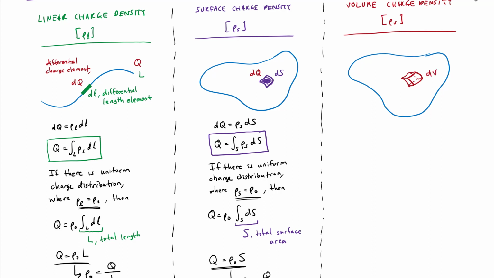And from our previous knowledge, we know this is dV, and we also know that because this object has charge, there's going to be a dq associated with a differential volume element. So this means dq is going to be equal to the volume charge density times dV, and Q, the total charge, is equal to the integral of rho v dV.